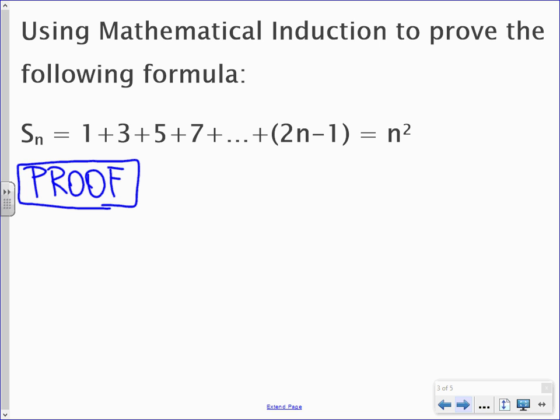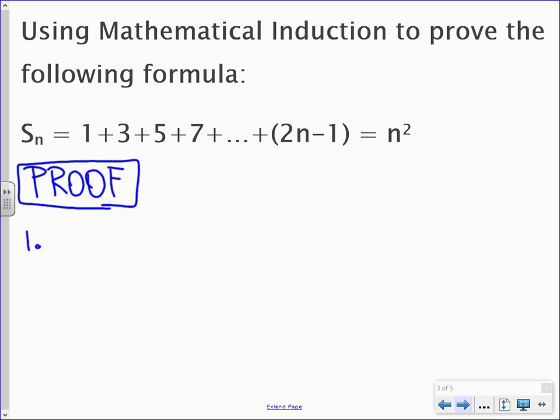We're going to write our proof. The first thing we have to do is prove that this formula is true when we plug in 1. Okay. We have the sum of the sequence 2n minus 1.